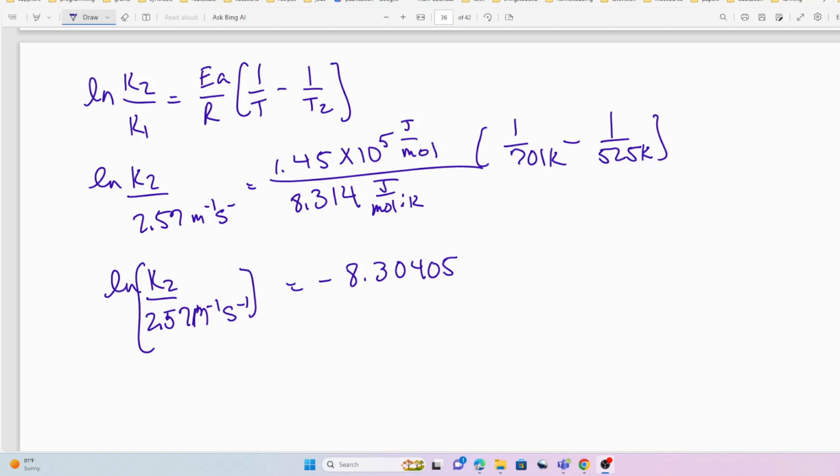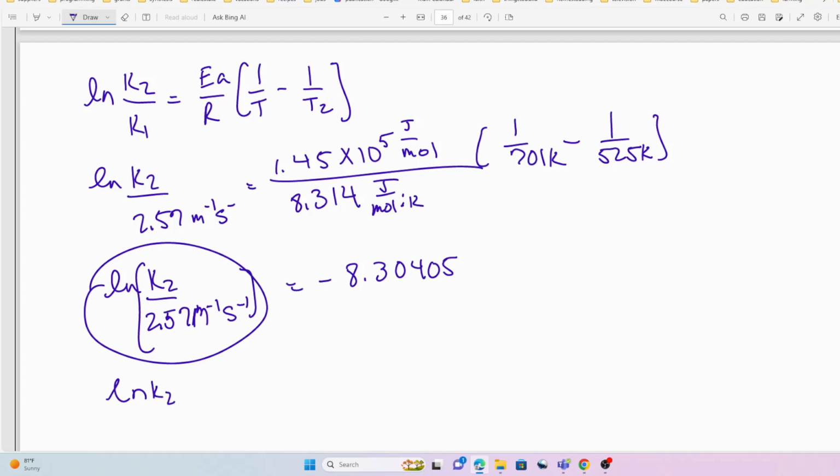We can use our logarithmic rules to simplify the left side a bit, saying that ln of K2 minus ln of 2.57 is equal to negative 8.3405.